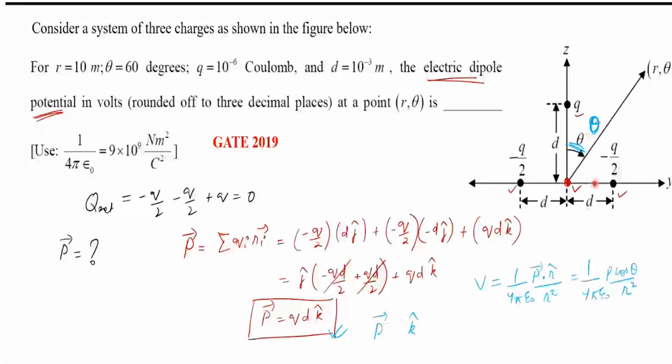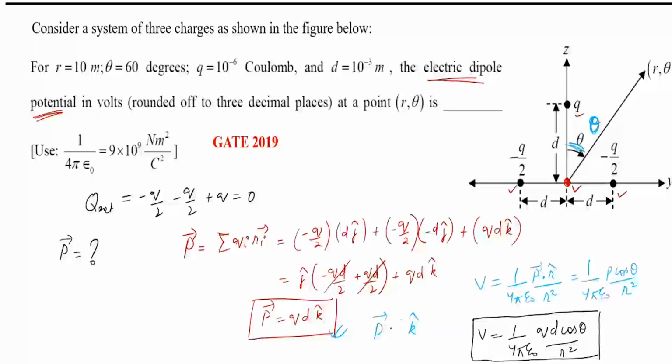It's theta. So your final answer is V equal to 1 by 4 pi epsilon naught, q d cos theta by R squared. This is your final answer.